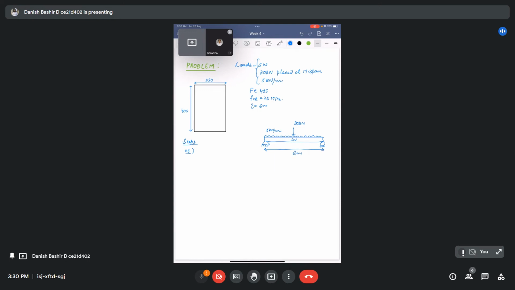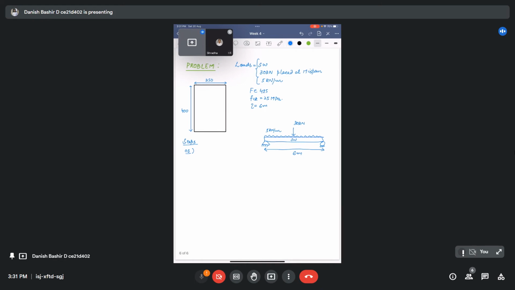First, from structural analysis, we will calculate the ultimate maximum moment that will be coming on our beam section, because we will be designing our section for the maximum effects. If our section is safe for the maximum effects, it will obviously be safe for all the moments which will be below it.